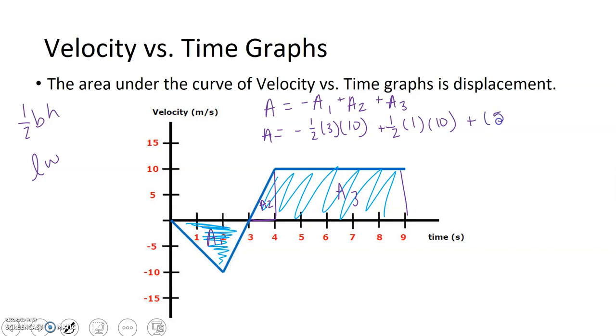So a length of 5 seconds times the width or the height of 10. So this total area or displacement comes out to be, let's see, the first area is negative 15, the second 5, and the third 50. That comes out to negative 40 meters for our displacement.